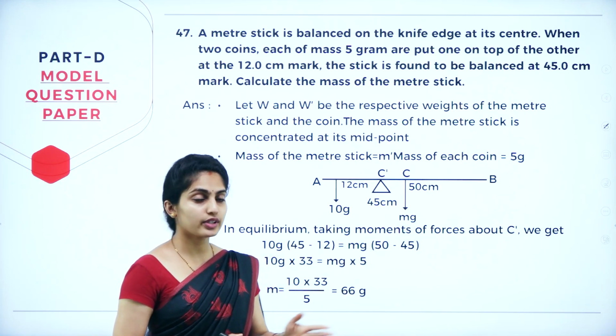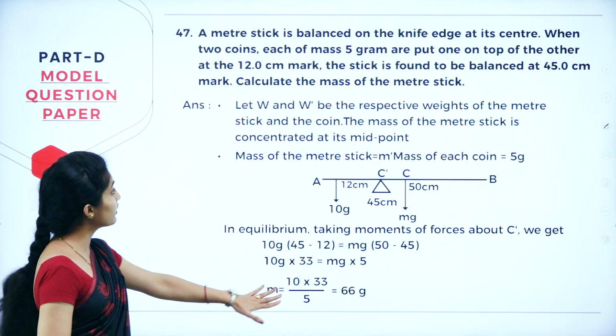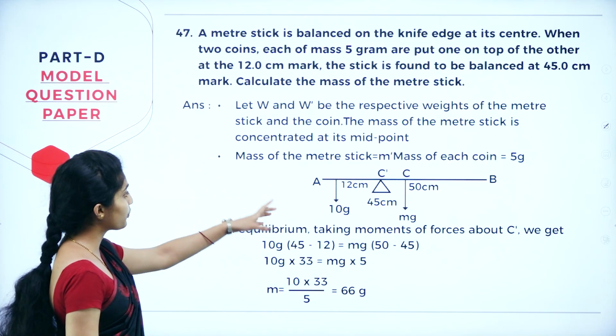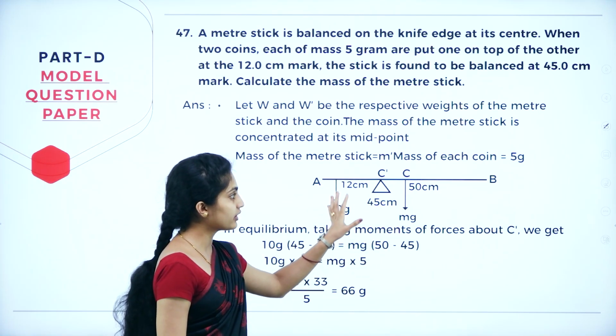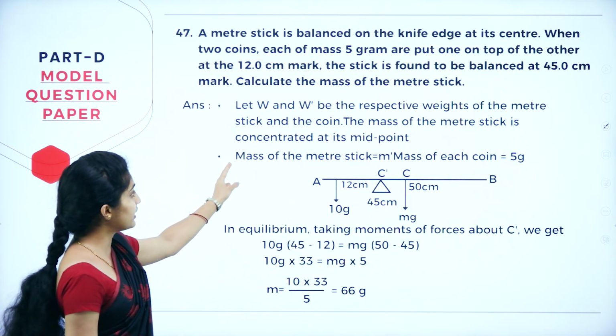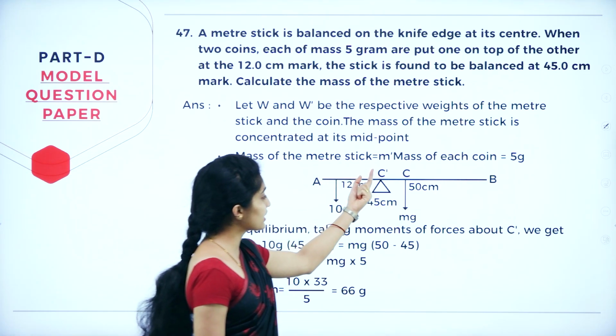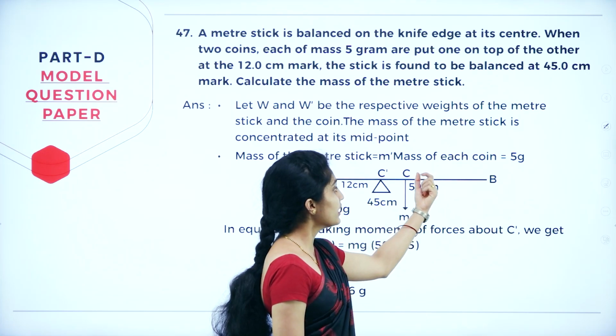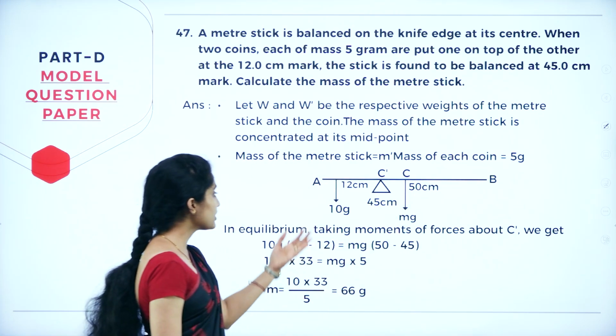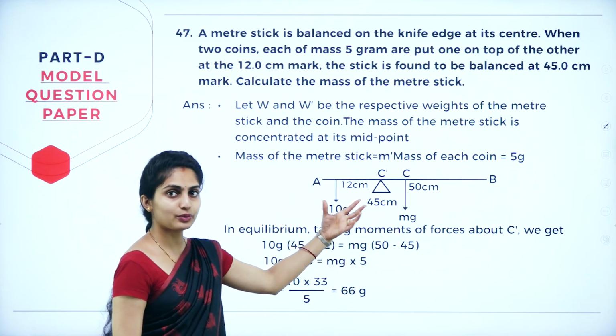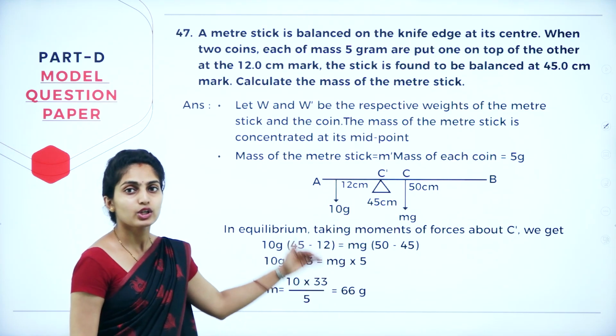In order to calculate, the complete sum has been done here. That is, we have to consider the weights, which are given over here according to the diagram. Write the introductory part, write the given terms, and mass of the meter stick is equal to m dash, mass of the coins, each coin being 5 grams. And then the diagram represents everything about this question.